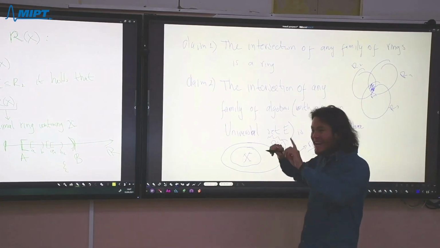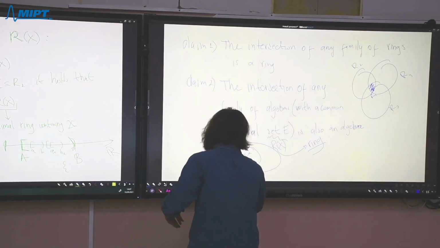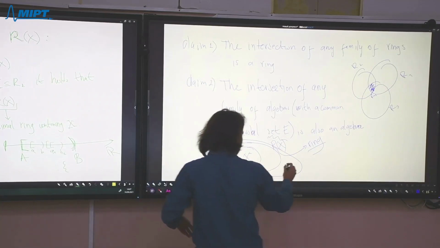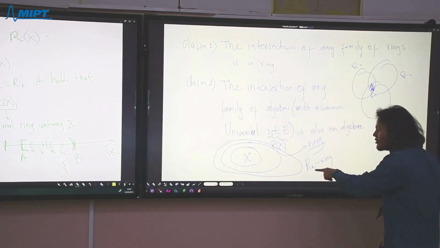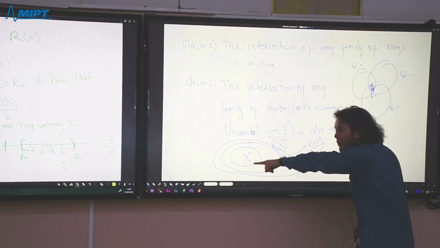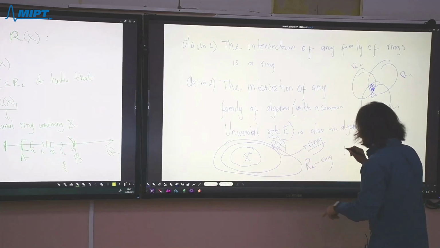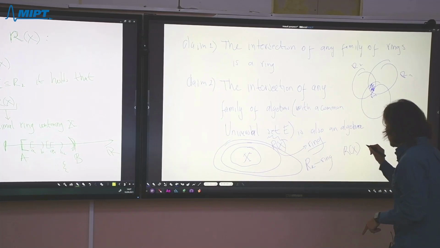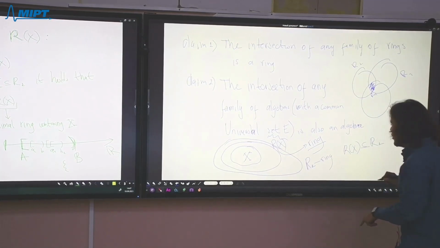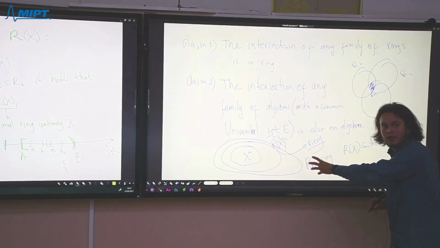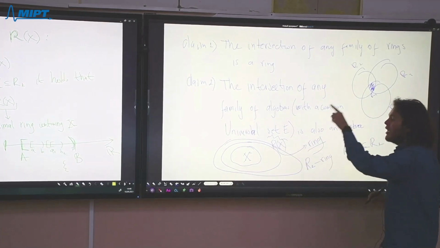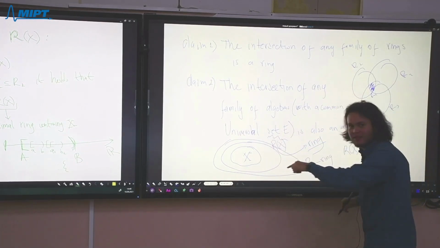For any other ring, for example this one, R sub 1, which is also a ring and also contains X, R of X is a subset of R sub 1. So R of X is contained in R sub 1. That is why this is called the minimal ring containing X.